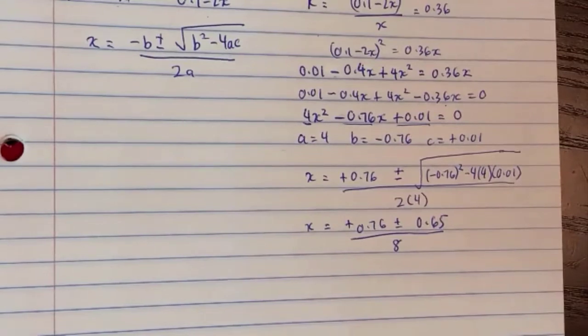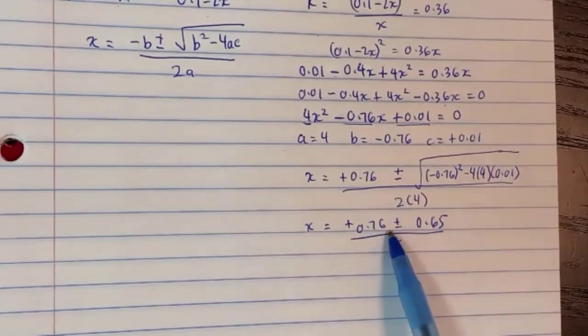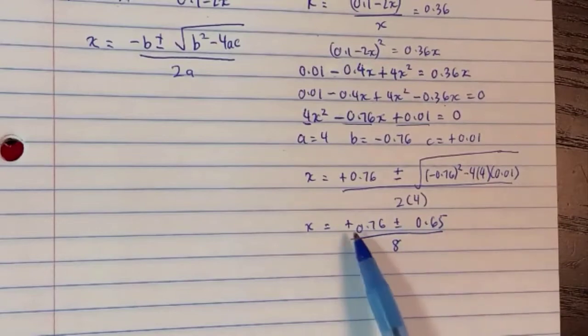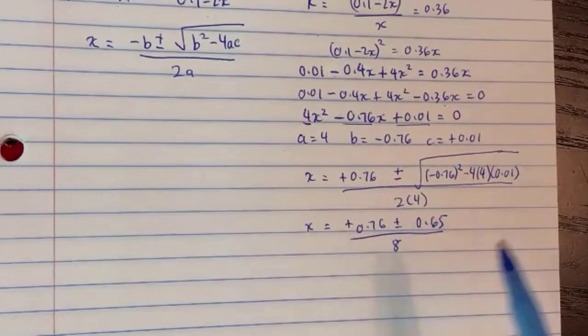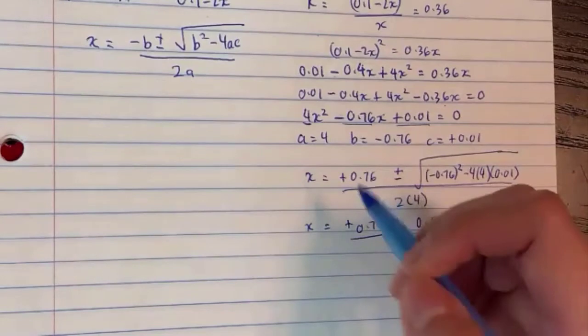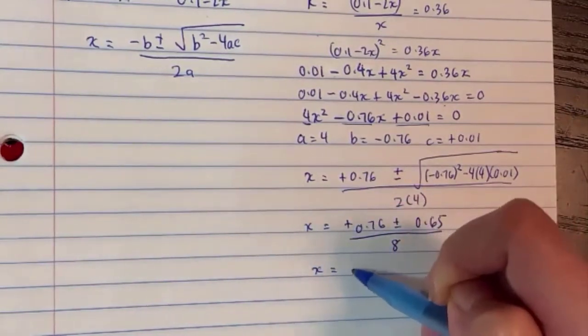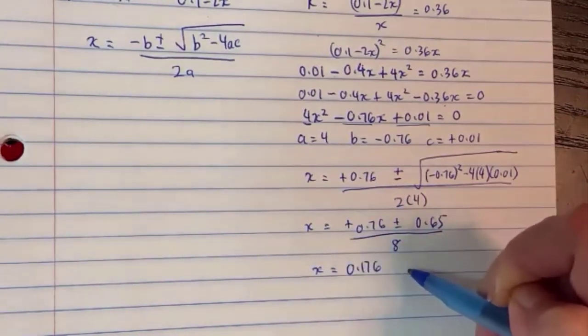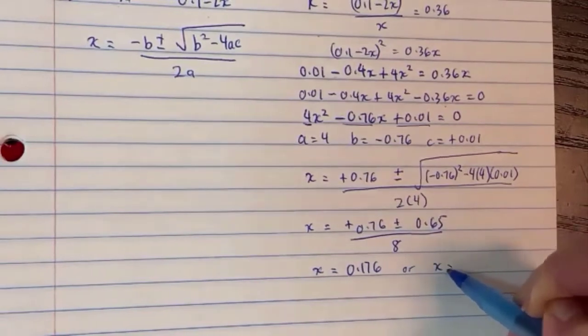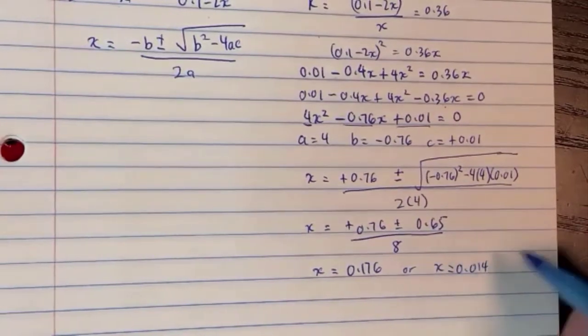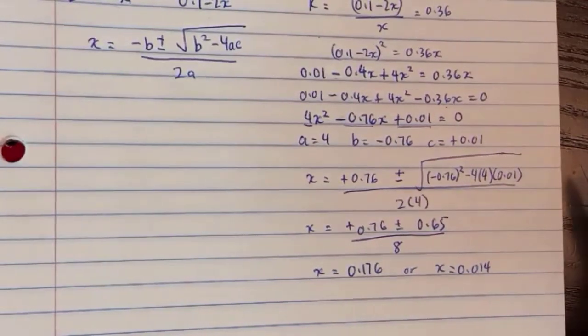Anyway, so now we have 2 options, okay? So you take 0.76 plus 0.65 divided by 8, or you can take 0.76 minus 0.65 divided by 8. So you have 2 options of x answers. The first answer for x is 0.176, and the second answer for x is 0.014. So now you have to decide which one is going to give me only a positive answer and not a negative molarity.